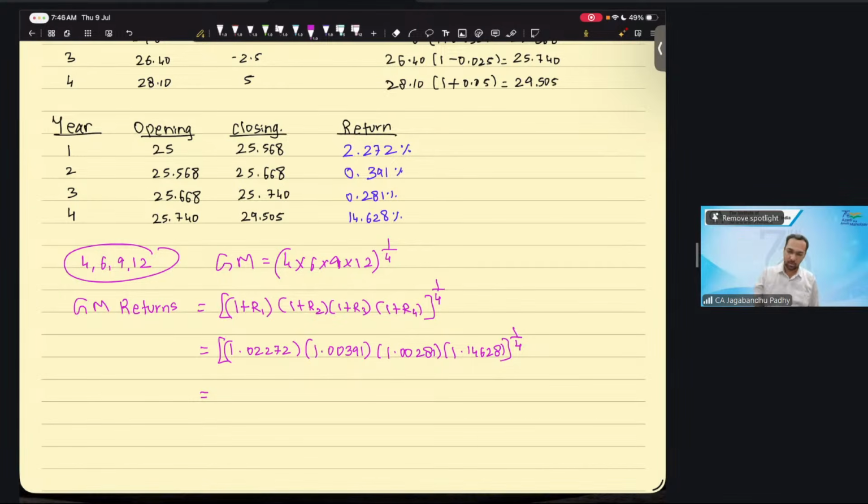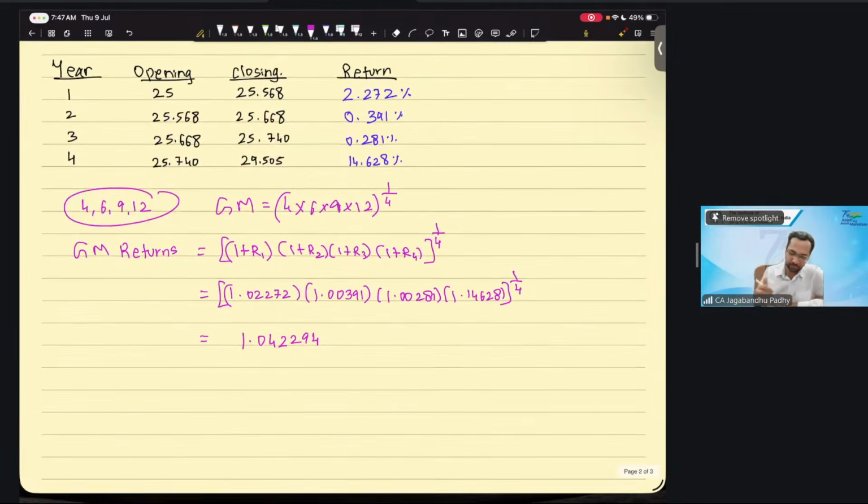Just multiply these four numbers and then press the square root button twice. That's 1.042294.